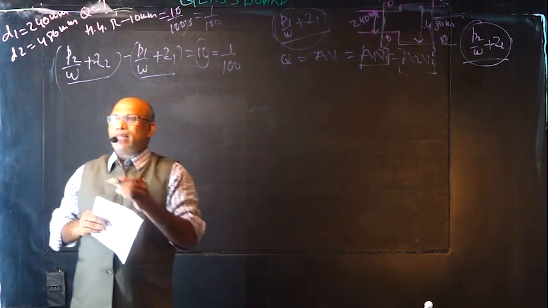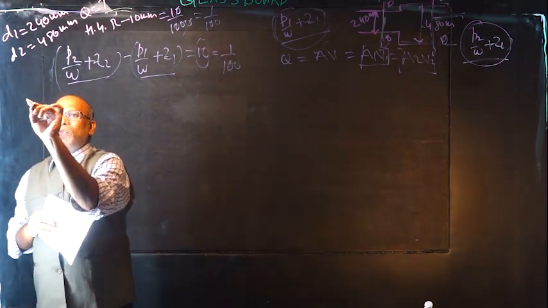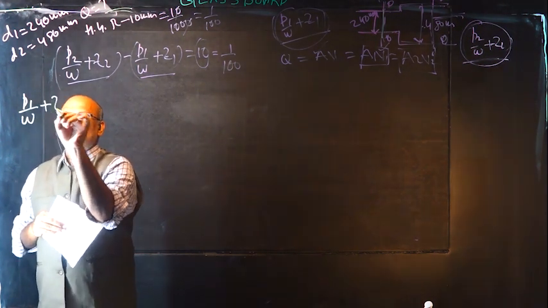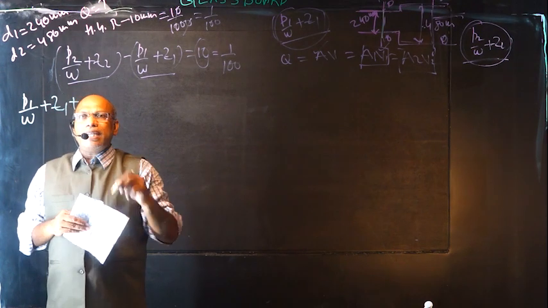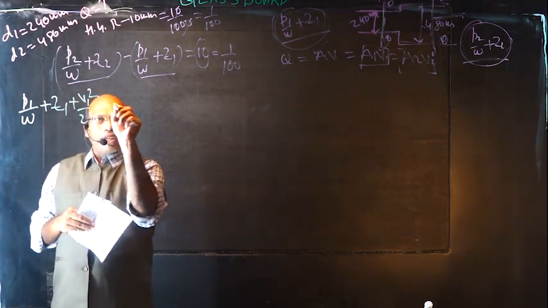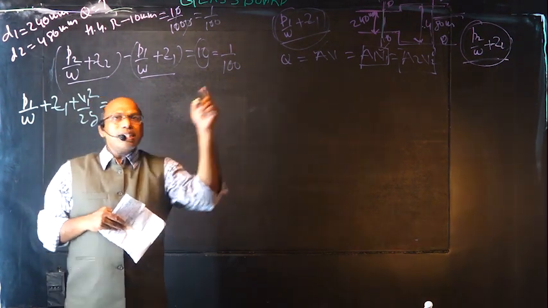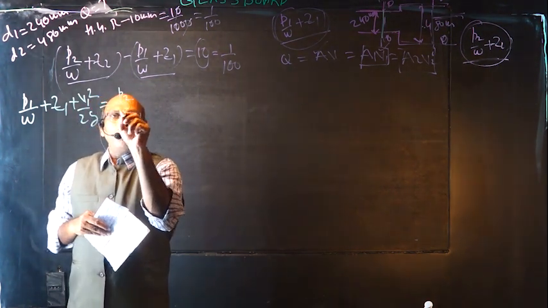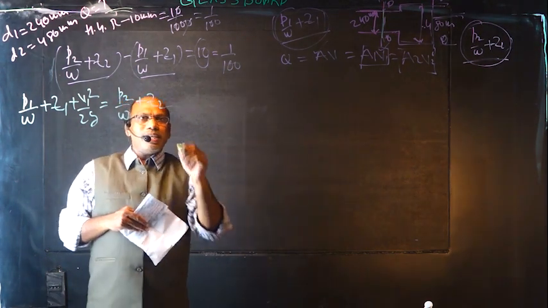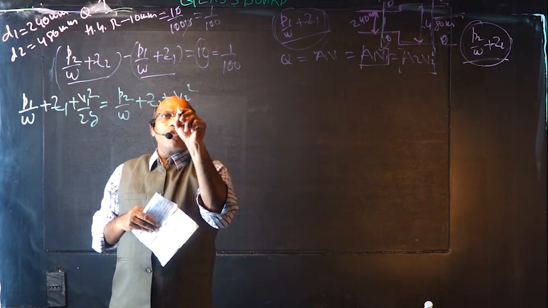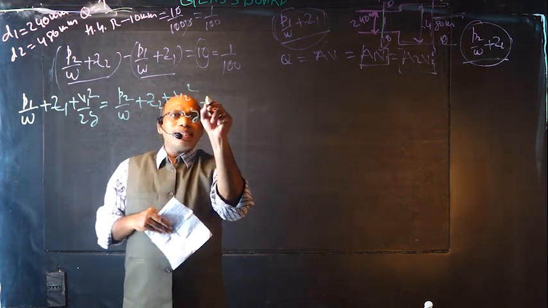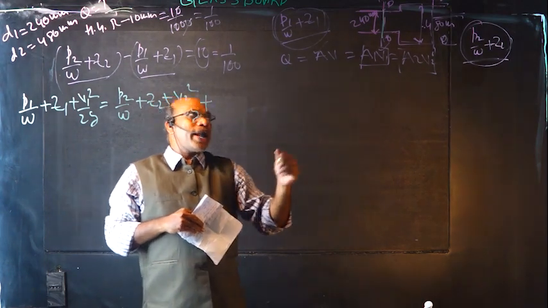Based on that, P1 by W plus Z1 plus V1 square by 2G is equal to P2 by W plus Z2 plus V2 square by 2G, plus there is a head loss due to sudden expansion.